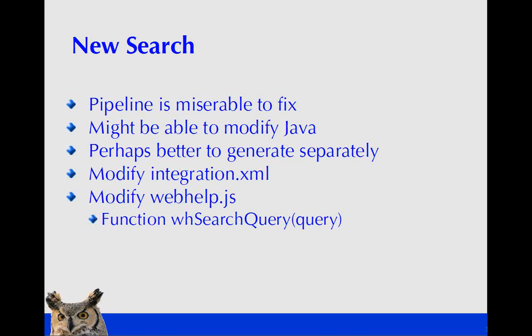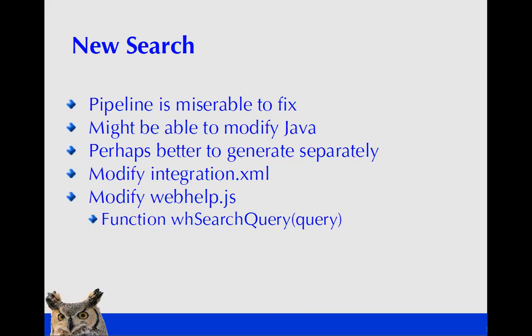Let me just say that it's possible to go in and modify the transforms, or the ANT files, that generate the search data for help. But if you needed to generate your own search data, it might be an idea just to go into the ANT files and add your own transform that generated your own help file. So take the search data that the WebHelp generates and essentially throw it out, and then use your own generated WebHelp search data.